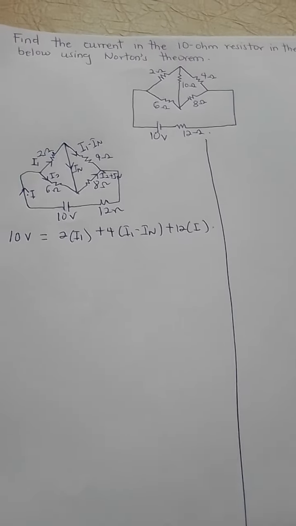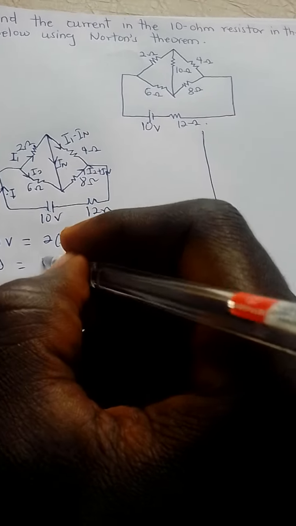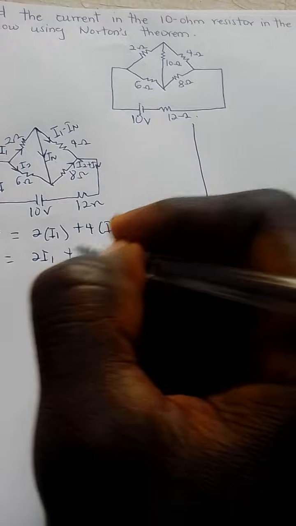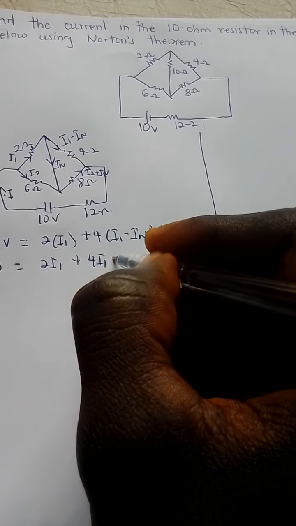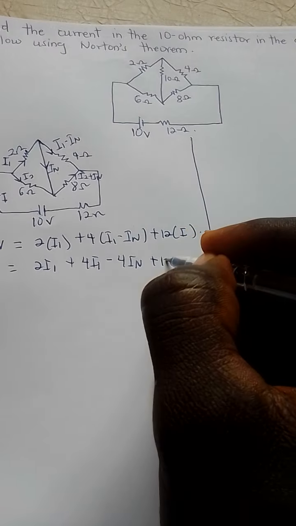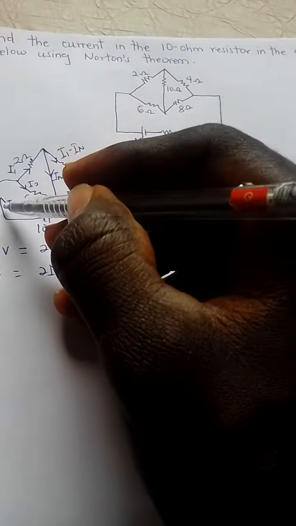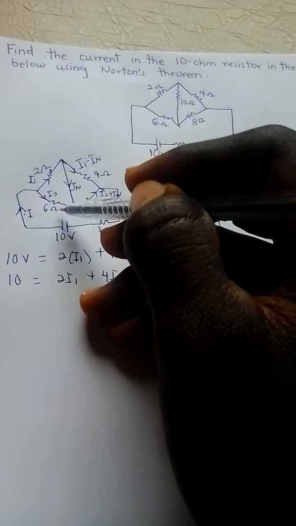Let's expand and simplify. You have 10 equal to 2I1 plus 4I1 minus 4IN plus 12I, where I is the same as I1 plus I2, because I splits into I1 and I2 here.